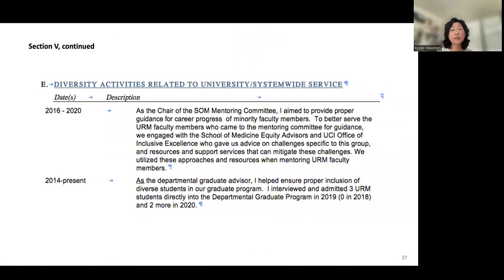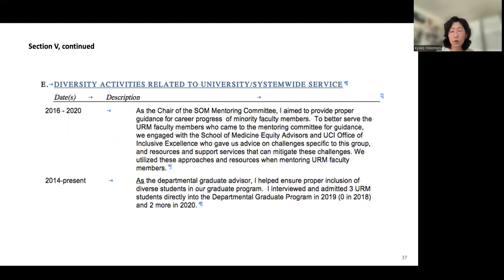And again, there's a diversity activity section 4, section 5. And this is a diversity activity related to university service, right? So for example, if you are working on a mentoring committee and provided special effort to support diverse faculty members' career development, that's something worth talking about.